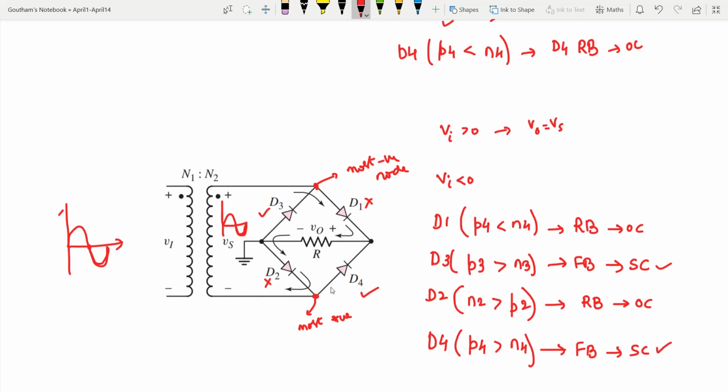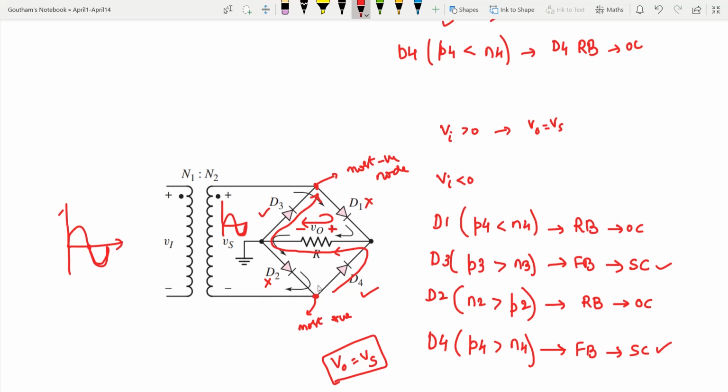Now how would the current flow? The current would pass from D4 through this resistor R and then through D3. Remember the current direction in the previous case was in this fashion. Even in this case the current is flowing in the same fashion. So the voltage V0 will be equal to Vs even in this case. The V0 that was developed in the positive half cycle was plus here, negative here, through D1 and D2.